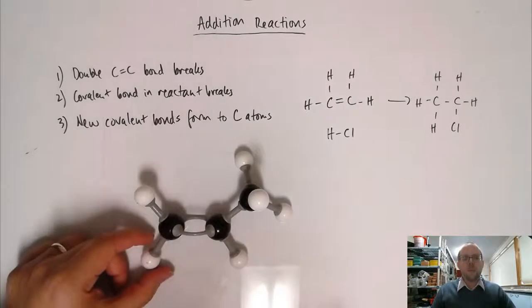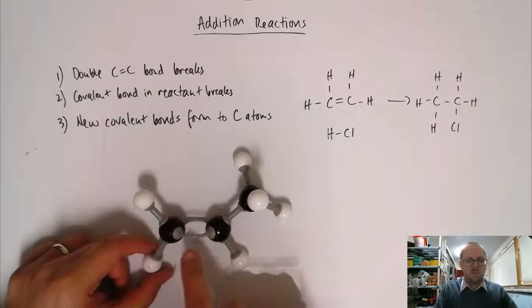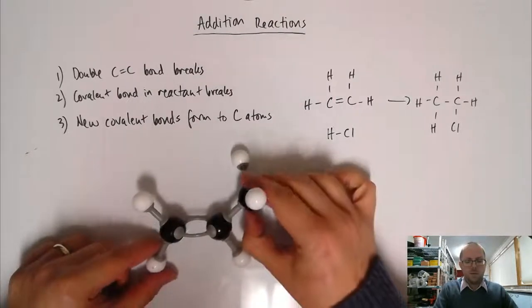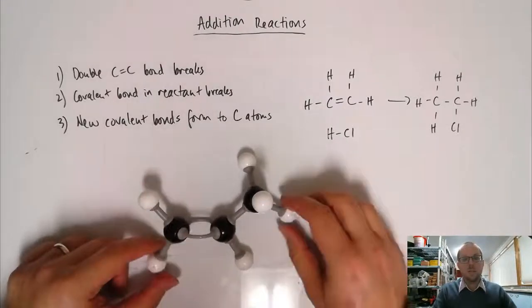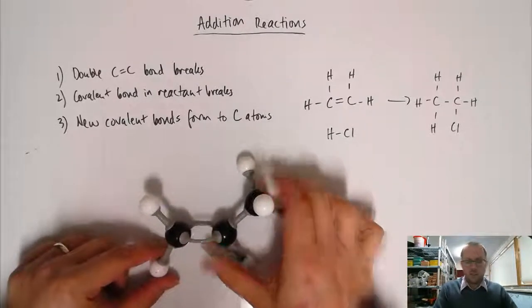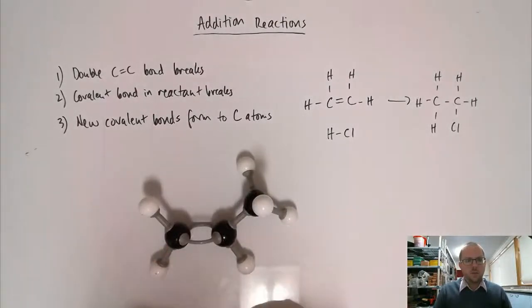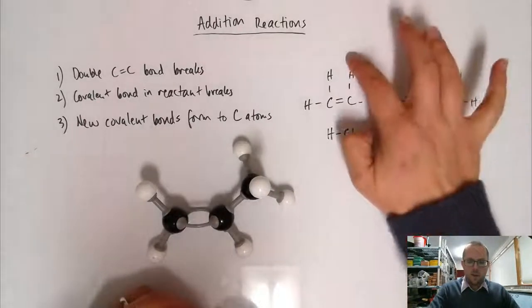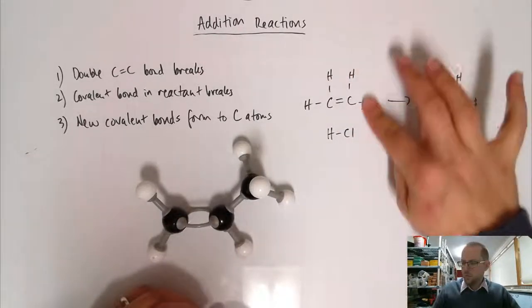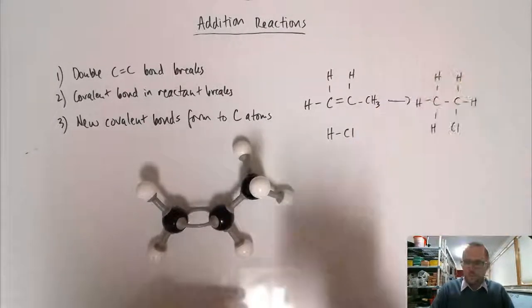So this is propylene or propene. What we have here is 3 carbons with a double bond between 2 of them, and then this methyl group that's hanging off the side. Some students would incorrectly name this as methyl ethene, but that's not technically correct because it's all part of the carbon chain. But if I take my hydrogen chloride, and let's say I'm going to redraw this like this.